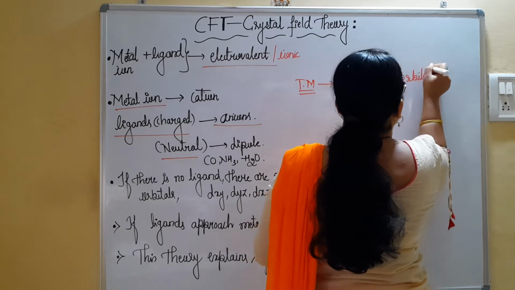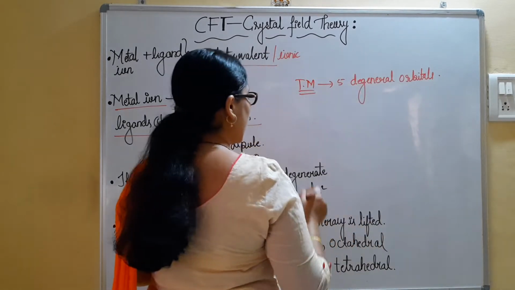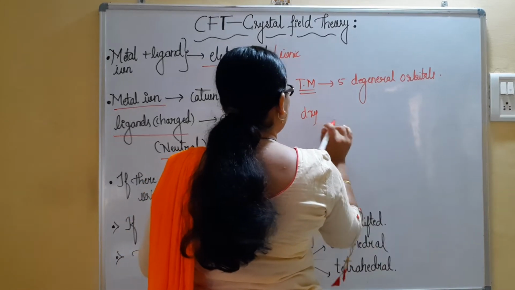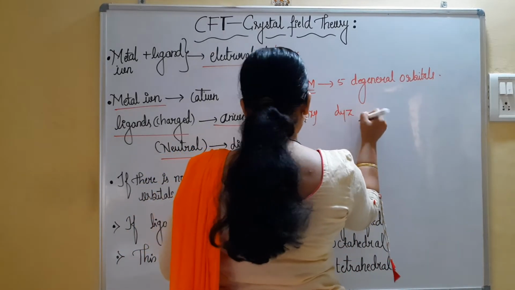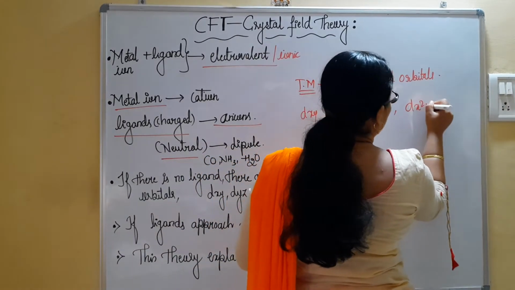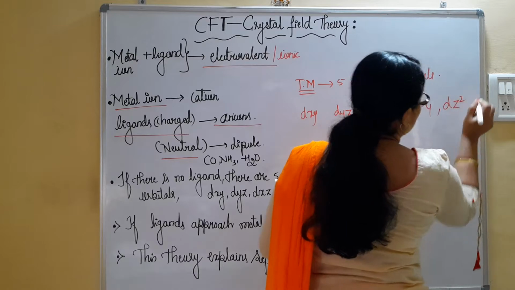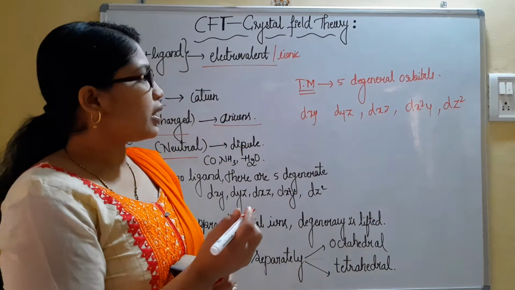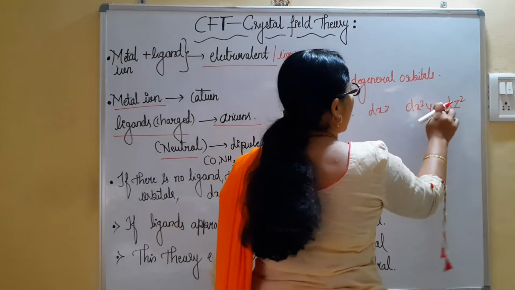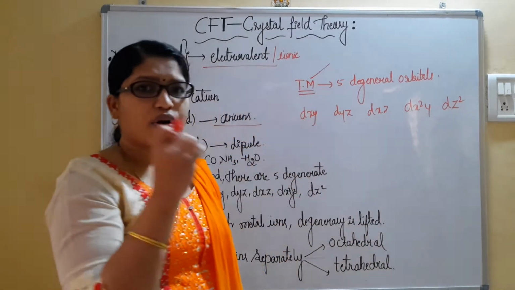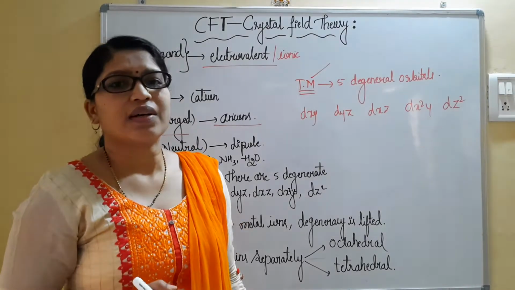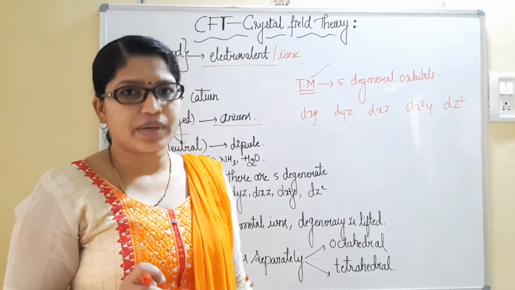What are those degenerate orbitals? They are dxy, dyz, dxz, dx square minus y square, and lastly dz square. These are the orbitals present with the transition metal, and all have the same energy. As they have the same energy, they are called degenerate orbitals.